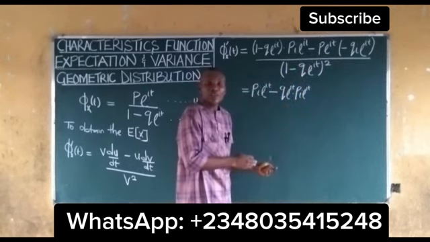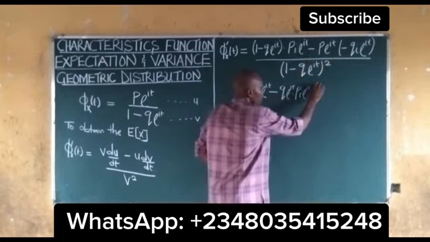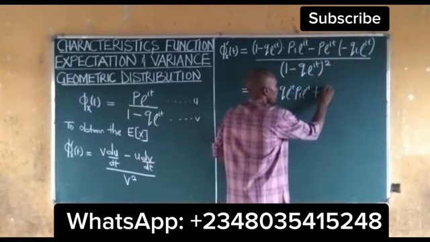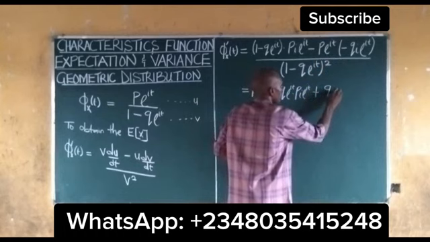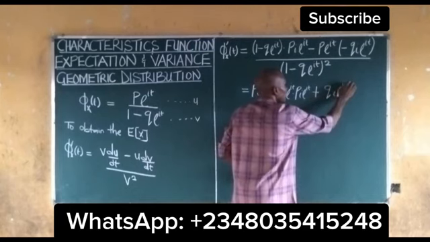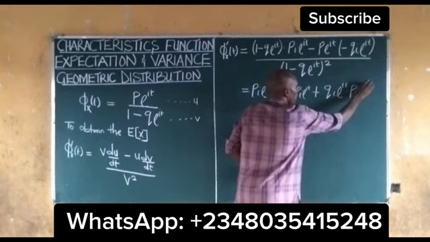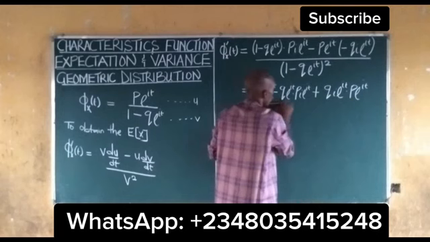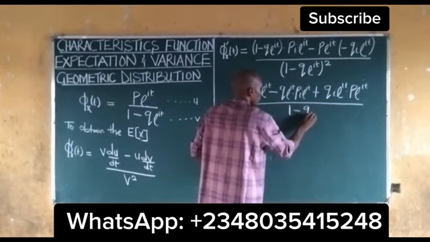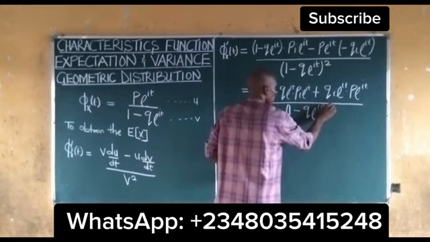So we write plus this multiplied by this, we have q i e^(it) and p e^(it), all over 1 minus q e^(it) raised to the power of 2.